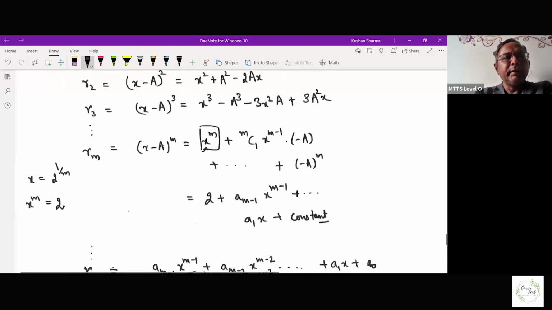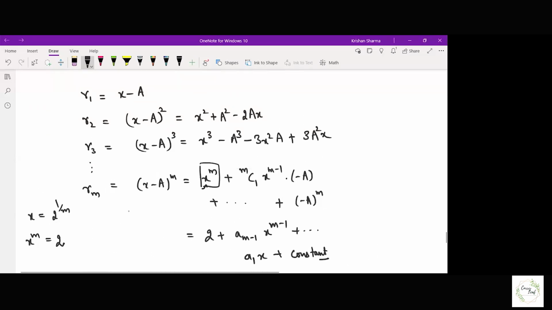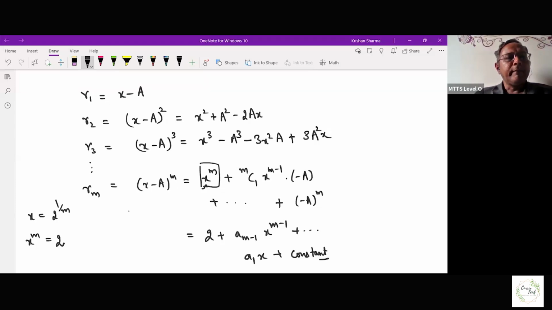Because it's an integer too. Yes, so the last constant term being an integer plays a role here. That is number one. And also you can see the pattern: for the square root of 2, 2 to the power 1 by 2, we have q; for 2 to the power 1 by 3, we have q squared. But here we can observe the pattern in a much better way. Okay, very good. Thanks, Aridas.